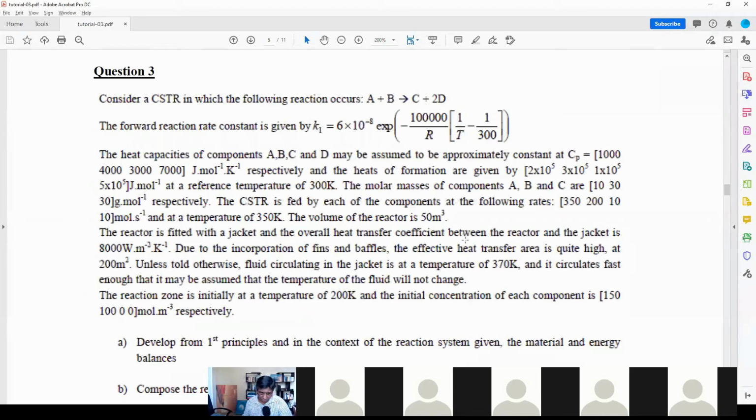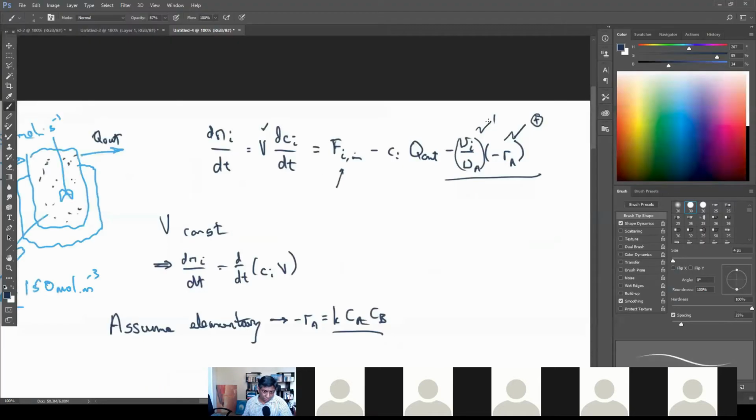So it's given somewhere here. So the CSTR is fed at these rates. So we are simply given the molar flow rates of each component. So all of that is known. Ci, of course, is the variable of the equation. So we expect that to be unknown. Q out is going to be a bit of an issue. So we'll talk about that one just now.